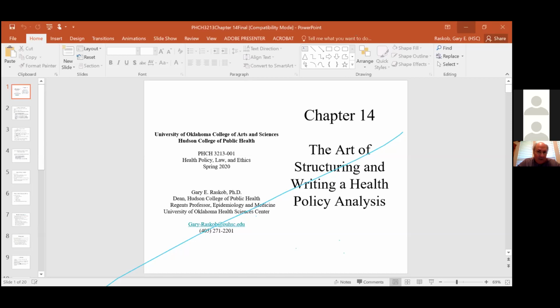Health Affairs, the New England Journal of Medicine, you can access those through the OU HSC library. Those are good journals to search for relevant articles, because this is very topical. Some states have been implementing work requirements, and again, you can see what that is showing. That might influence your analysis.